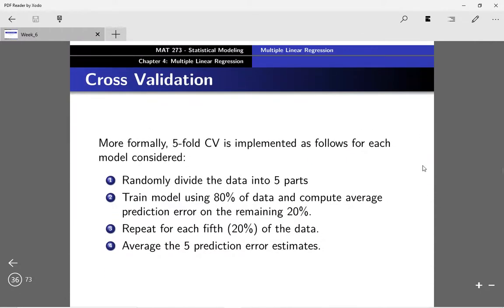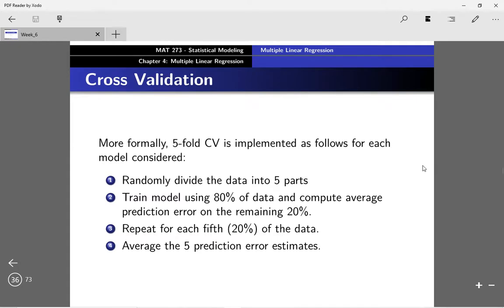There are different types of cross-validation that are defined by the number of folds that we're using, so the number of portions that we split the data up into. One of the most commonly selected numbers of folds is 5-fold cross-validation.